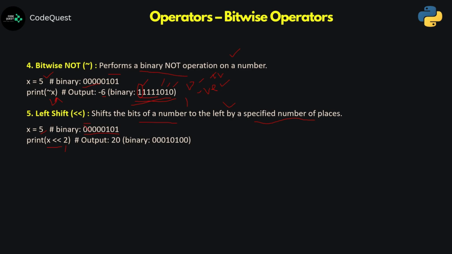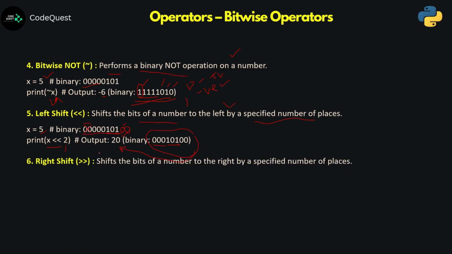So when I take out these 2 zeros from the left, that many zeros I'll be adding to the right side. As a result, the resultant will be 00010100, which is 101 followed by 2 zeros. Now this binary number, when I convert into an integer, gives the result 20. It is a positive number, because the leftmost sign bit is 0 and 0 indicates it is a positive number.